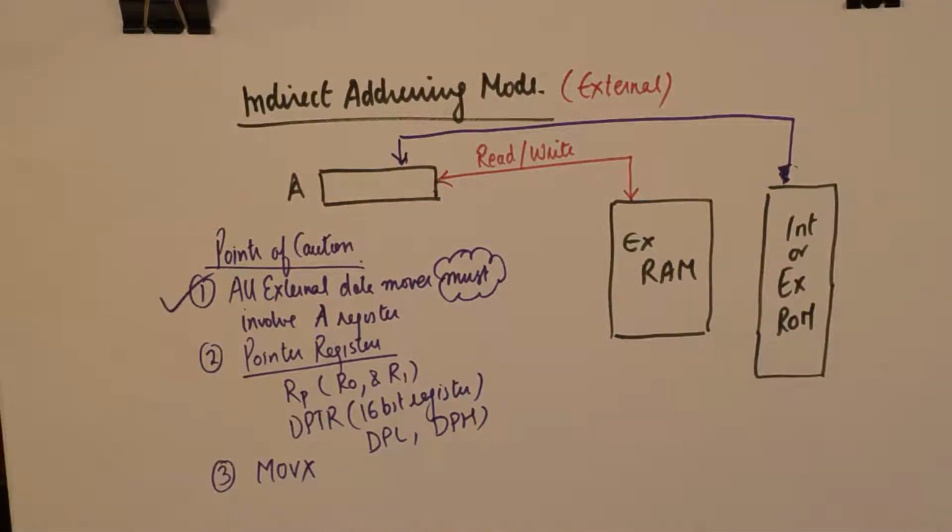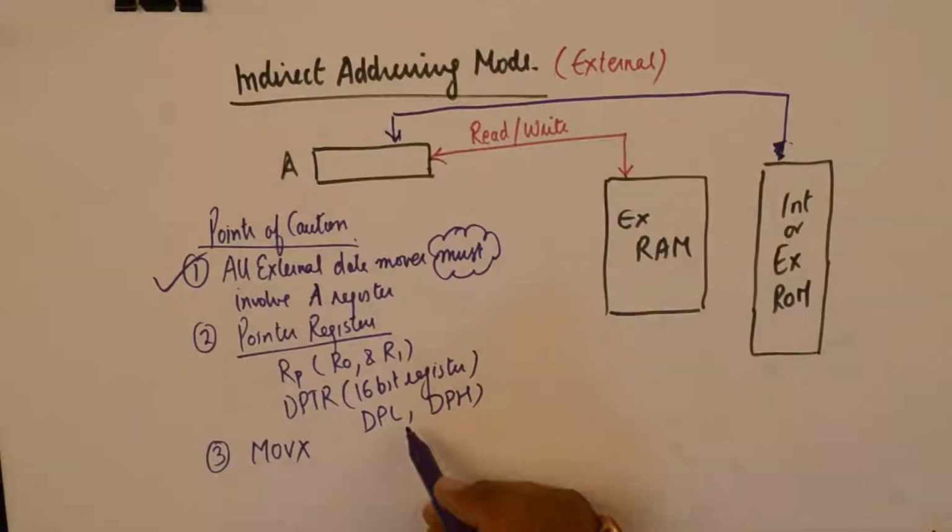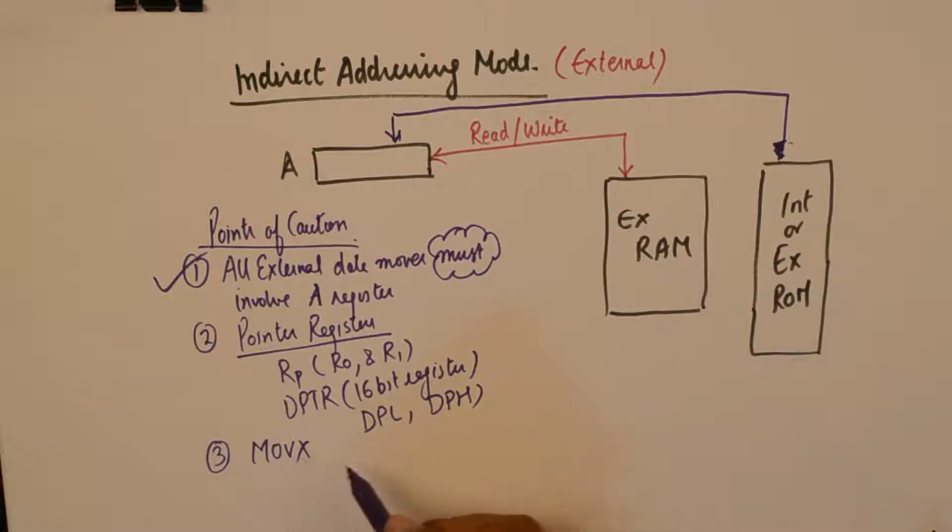Now I'm going to write down some instructions and we'll see how they work. The first possible instruction is MOVX, and we can bring the data from an external RAM which is 256 byte long.